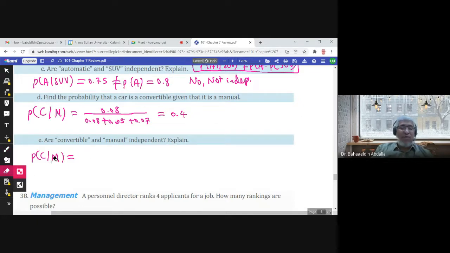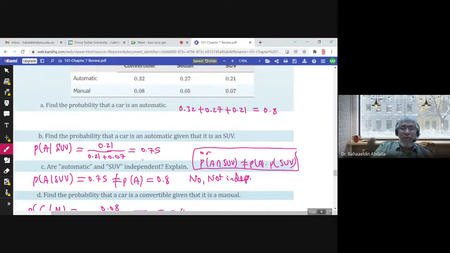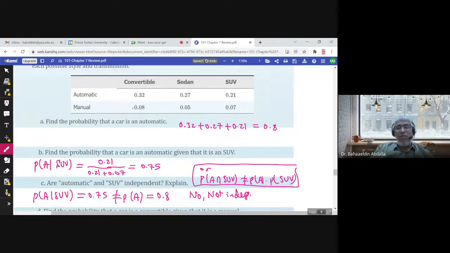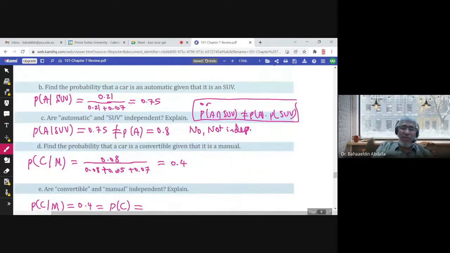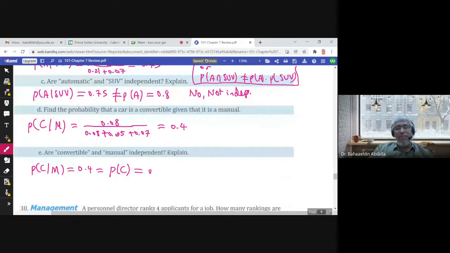If it's equal to probability of convertible, then they will be independent. This is 0.4. What about probability of convertible? This is convertible, 0.32 plus 0.08, and that's 0.4. So the answer is yes, they are independent.